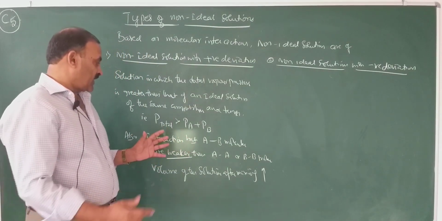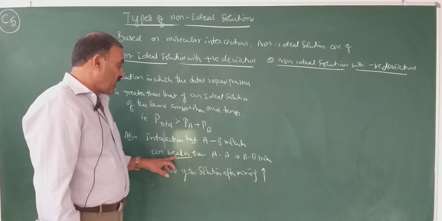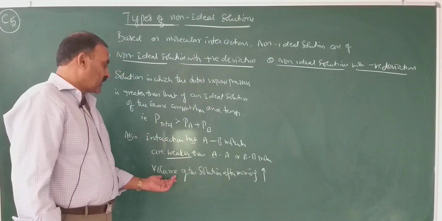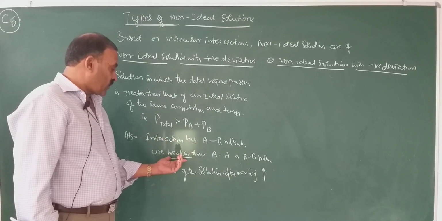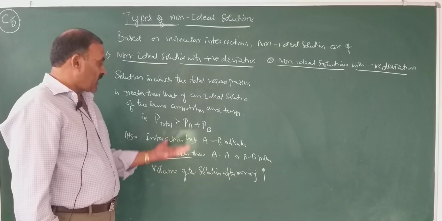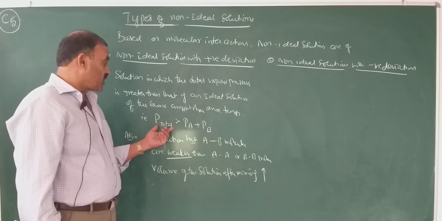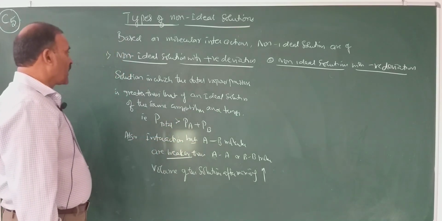This is because the attractive forces between molecules of A and B are weaker. When the attractive forces become weak, the volume of the solution increases and vaporization becomes more. Therefore, the total vapor pressure of the solution becomes greater than Pa plus Pb.